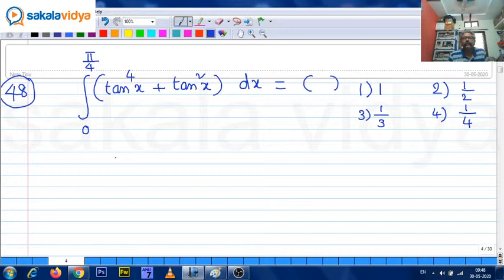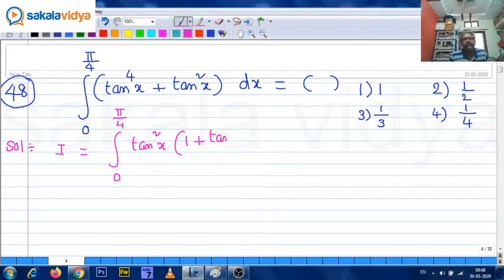Okay. Now the solution. Let us say I equals integral 0 to pi by 4. Here take tan square x common. If you take tan square x common, you have 1 plus tan square x dx. 1 plus tan square x is nothing but secant square x. So this equals integral 0 to pi by 4 tan square x into secant square x dx.